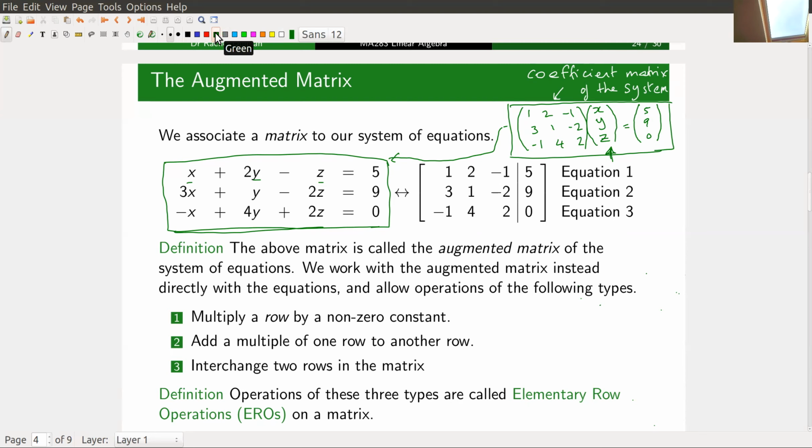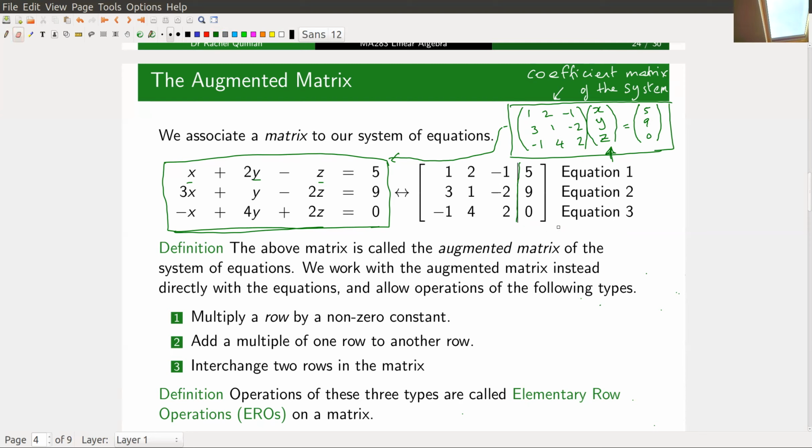The thing we are actually going to write down is not exactly that coefficient matrix, but this 3x4 matrix, which has in its first three columns the coefficients of x, y, and z in the system of equations. In the fourth column, it has the right-hand side, and there's a line here which doesn't really have a role in any calculations. It's just there to indicate that the first three columns have a slightly different meaning from the fourth one.